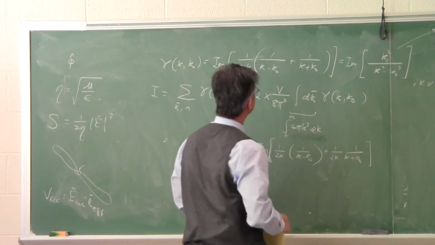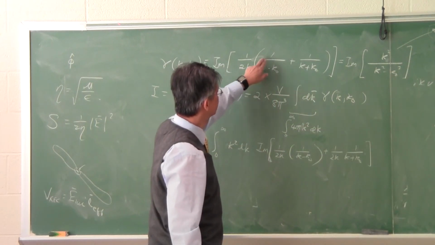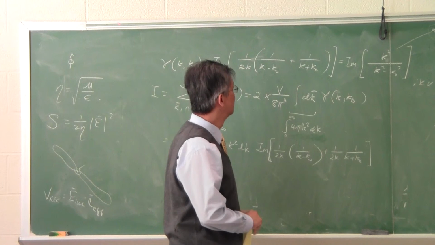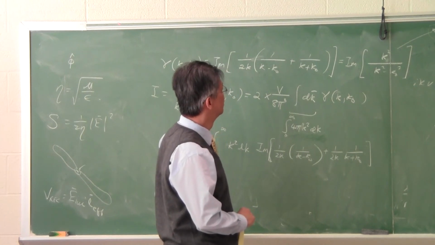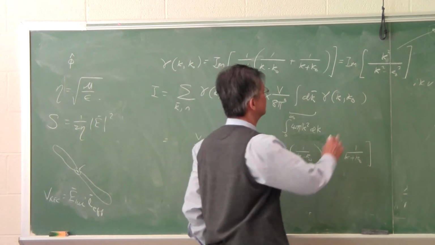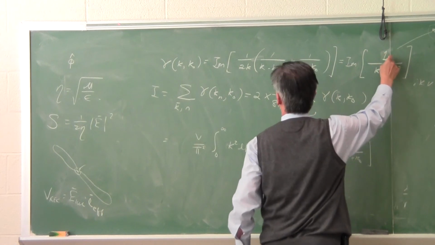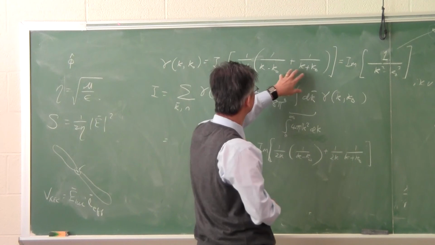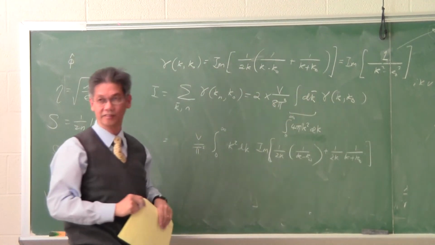Did I combine it correctly? The numerator is just 1. Let me check: k plus k naught, k minus k naught. Yes, it's 1.